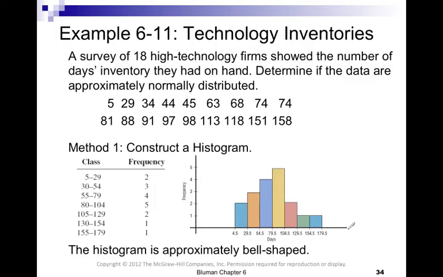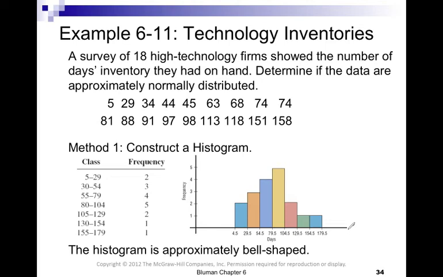Okay, so looking at page 322, we've got a survey of 18 high technology firms, and we've got a sample of 18 data points. And so we've constructed a histogram here, divided into classes. You should have done histograms in your first couple units.